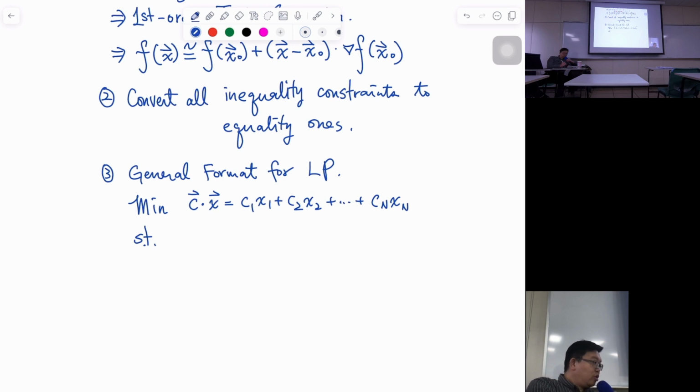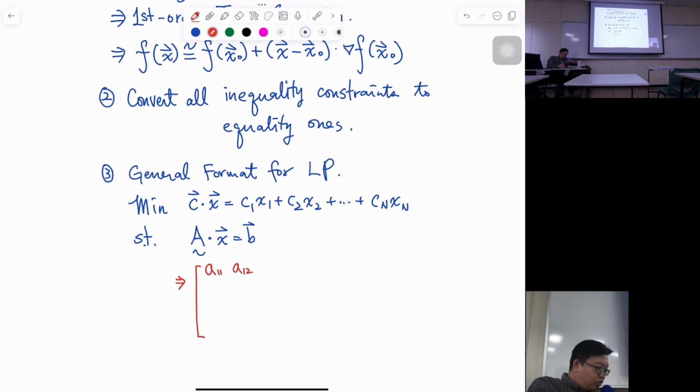Subject to, now we can only handle equality constraints if we complete step 2. And we are going to write in the following form. It's an A matrix dot product with X equals a B vector.